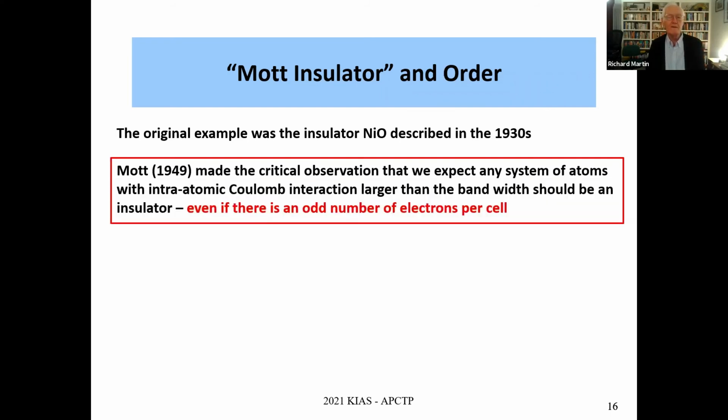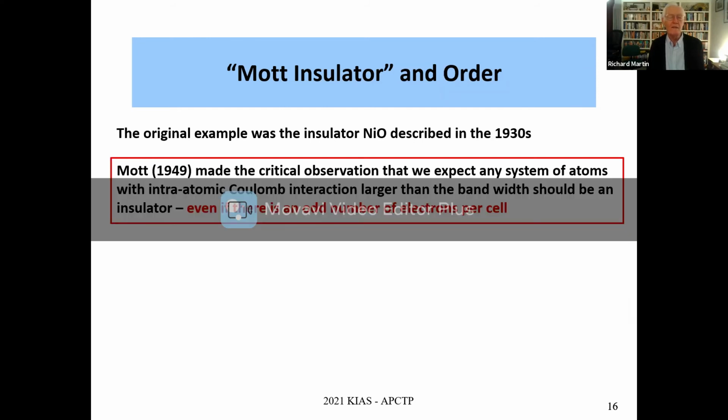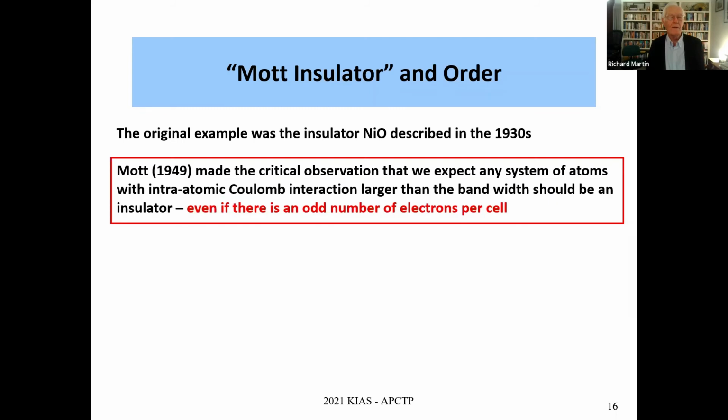That's simply because it costs too much energy for an electron to move from one atom to the next, because it has to pay this large price of the repulsive interaction. And this would apply even if there's an odd number of electrons per cell. So the simple reasoning says that any system that has large enough interactions must become an insulator.